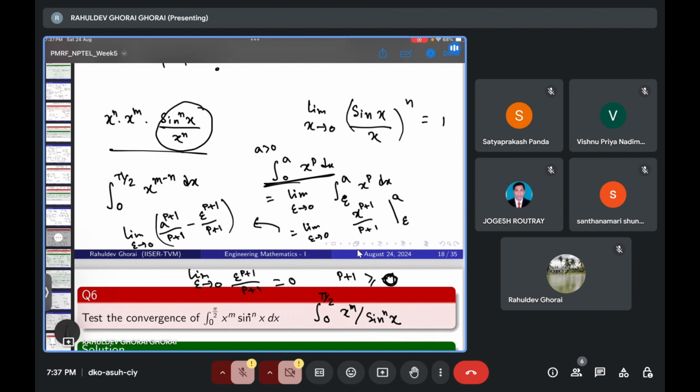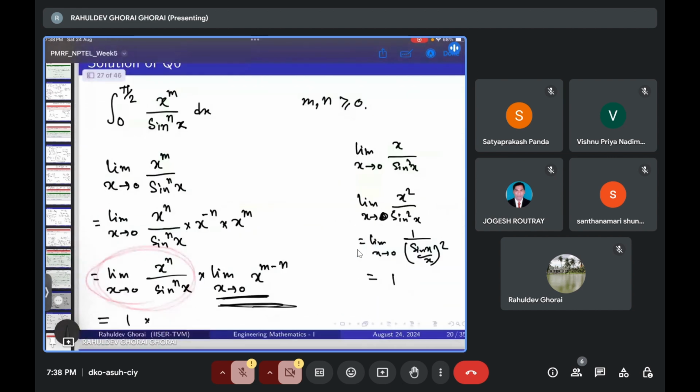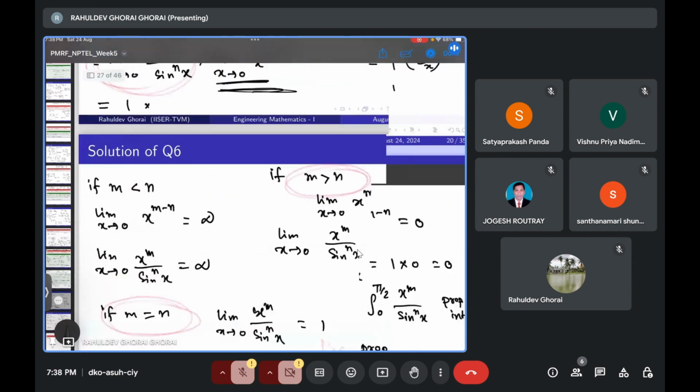So similarly here also you have x to the power m minus n. So m minus n plus 1 has to be greater than or equal to 0. So m plus 1 has to be greater than or equal to n. That's the thing you get here.